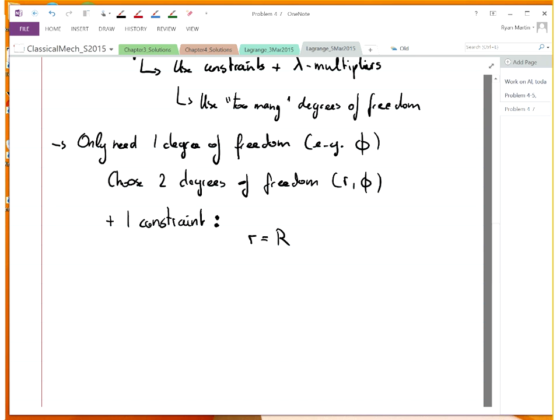We can write that as a constraint function of r and phi: lowercase r minus uppercase R equals 0. It doesn't depend on phi, and it's simply r minus R.